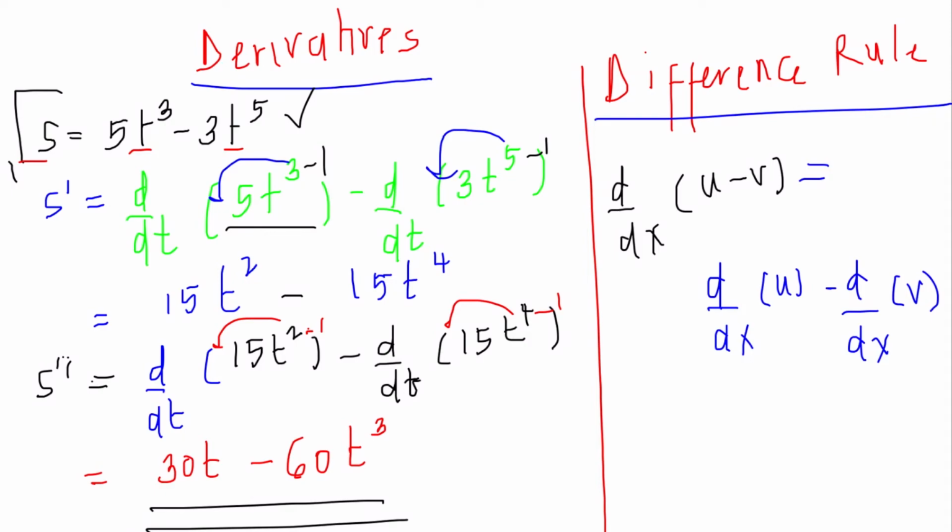That is it, and that's exactly what we did. We found the derivative of the first one first, and then we subtracted the derivative of the second one, and the same thing we did in our second derivative.